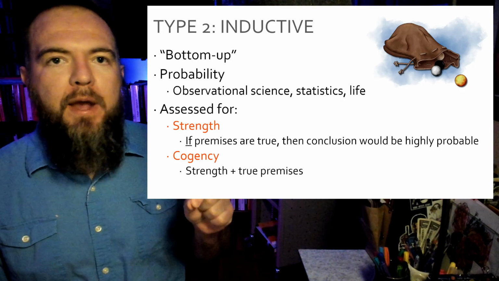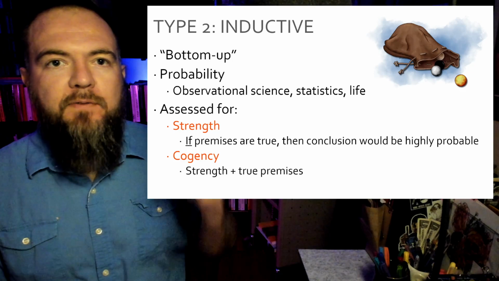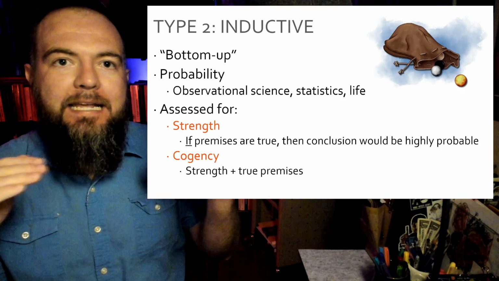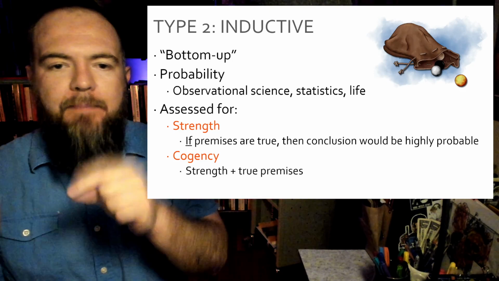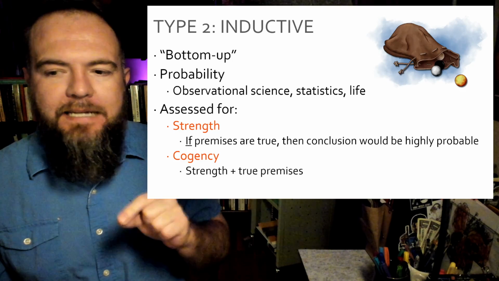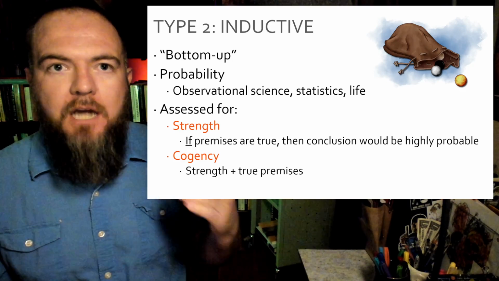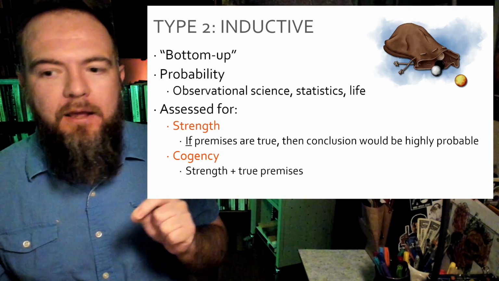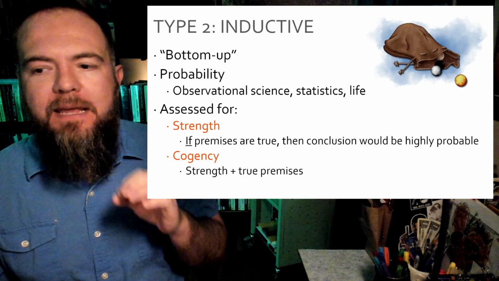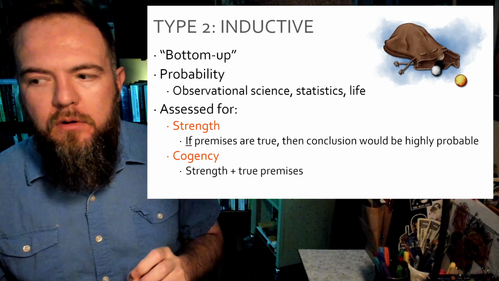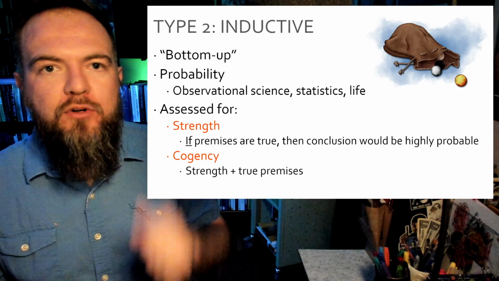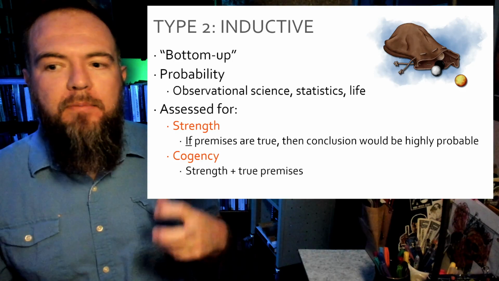Just in the same way that we assess deductive arguments for validity and soundness, how the pieces connect and then whether the individual premises are true, the same thing happens in inductive arguments, where instead of validity, we test for strength. Strength means that if the premises were true, then the conclusion would be highly probable.